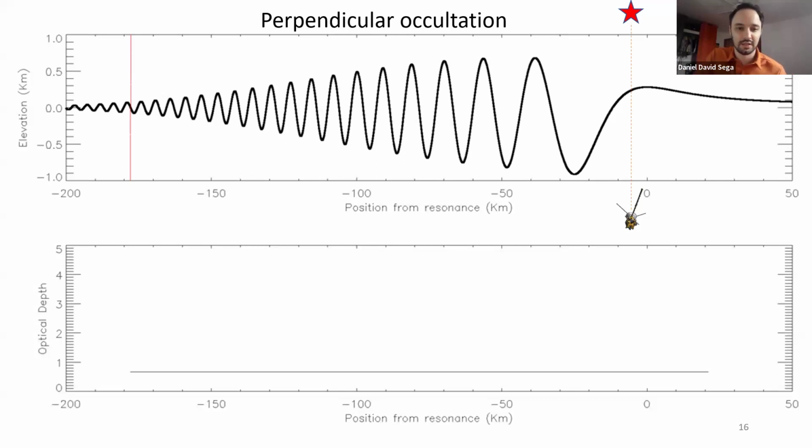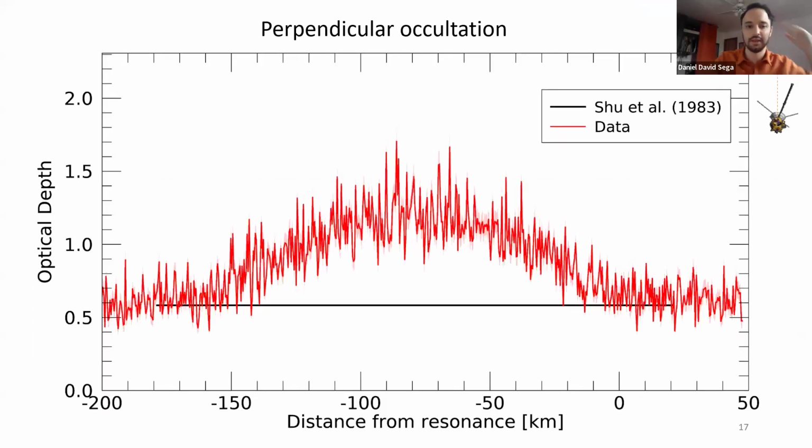Otherwise, the perpendicular thickness does change, like Mark remarked. So okay, the theory is that the thickness doesn't change. Also, there's no change in density. So you have a flat line. What we actually get is this increase in optical depth.